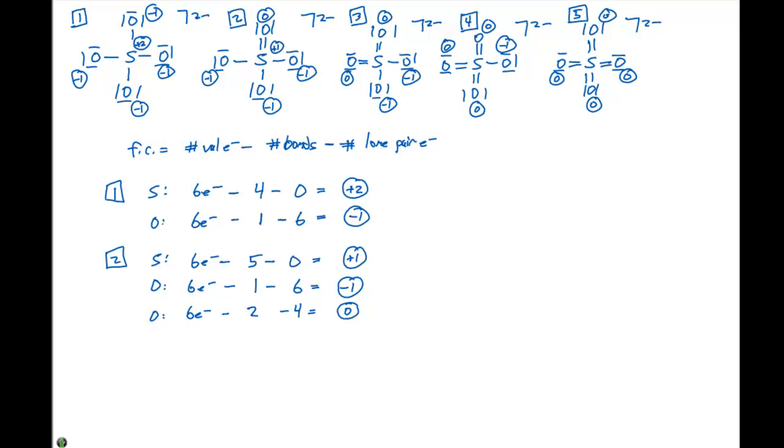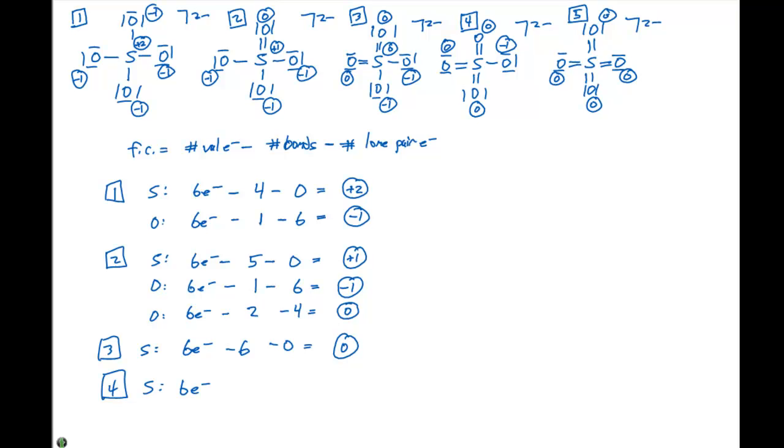We do, though, have to calculate the sulfur in each case because none of the sulfur environments are the same. So for molecule number 3, sulfur has 6 valence electrons. There are 1, 2, 3, 4, 5, 6 bonds, and there are 0 lone pairs, which gives a formal charge of 0. For molecule number 4, sulfur again, 6 valence electrons.